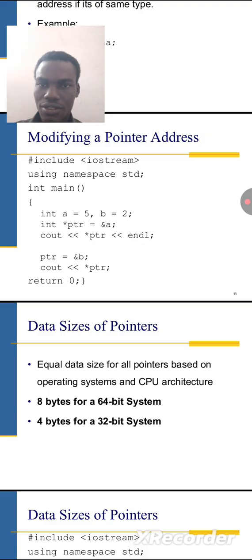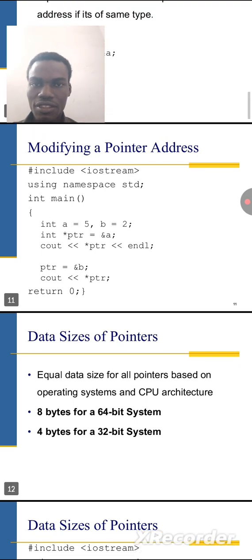You can see we have two variables, a and b. We have a equals 5, b equals 2, and then one of them is being assigned to ptr, and the other is also being assigned to ptr.